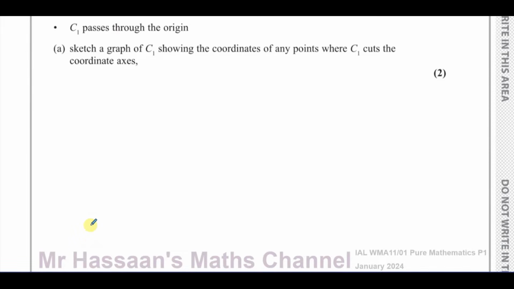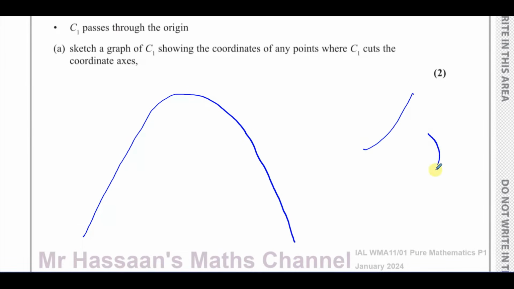This is how I would do it in the exam, to make sure that I don't mess up the shape of the graph. So I'll just draw a quadratic, make it look proper, something like that. It's not going back on itself. It's okay, not bad.